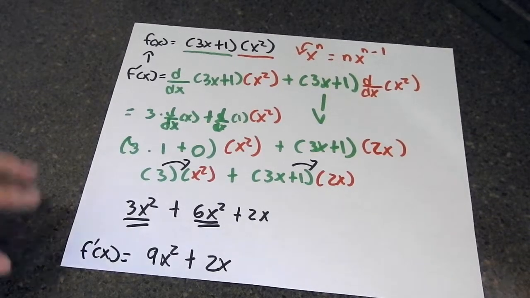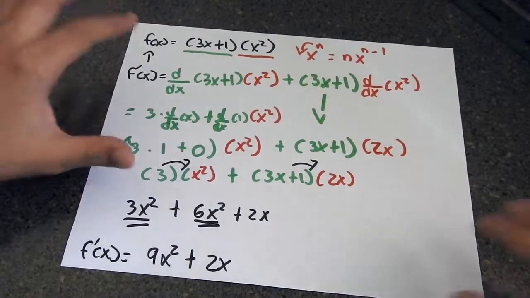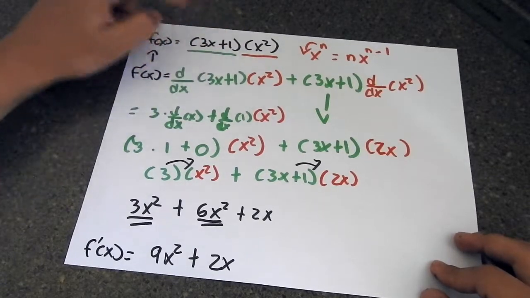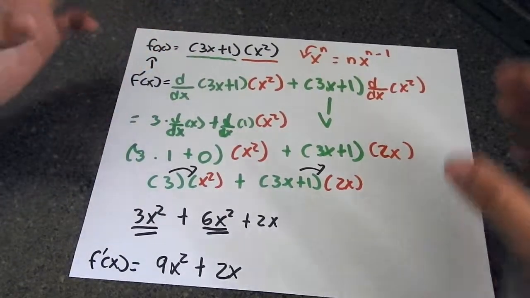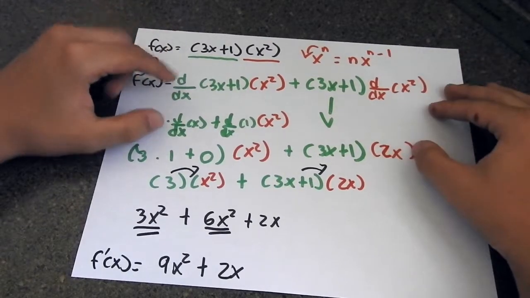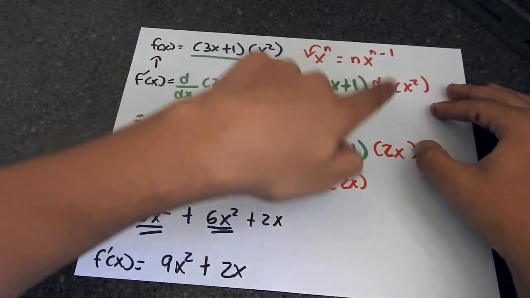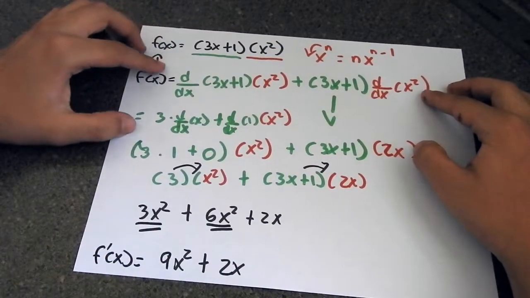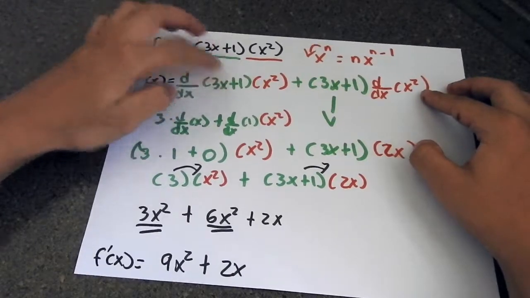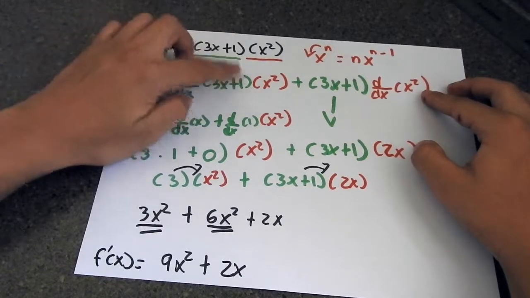And this is the process that we use to apply the product rule. We started with factors, 3x plus 1 times x squared. We set up the problem using the product rule: derivative of the first one times the second one plus the first one times the derivative of the second one. And now we apply our derivative operators. I take out the constant and apply the derivative operator to x and to 1.